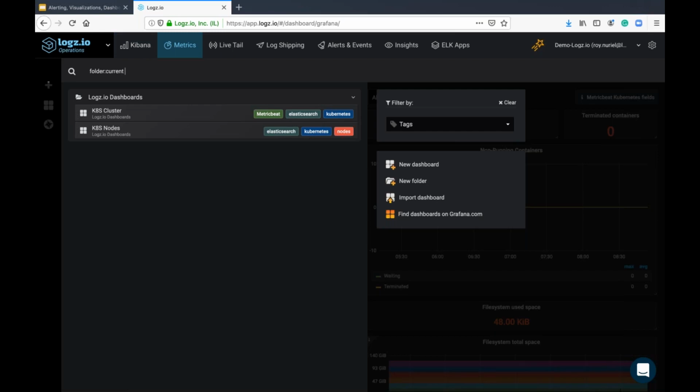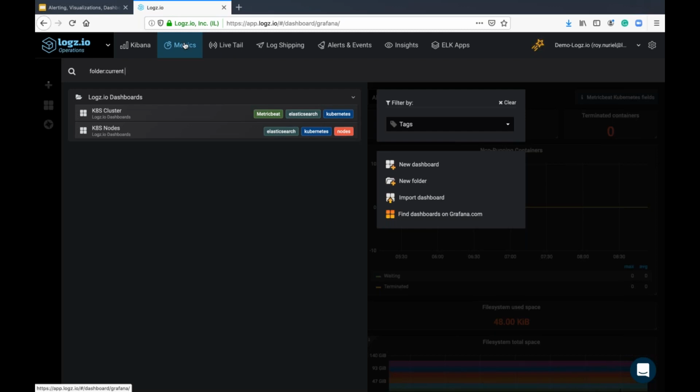For those of you who are familiar with Logz.io, you are familiar with this top bar, which has Kibana and the other capabilities. As you can see here, we added another tab, which is a metrics tab. Basically, this is a hosted Grafana that runs and presents the metrics themselves. In our case we are working with shippers like Metricbeat, but this is only for this specific example about our solution.